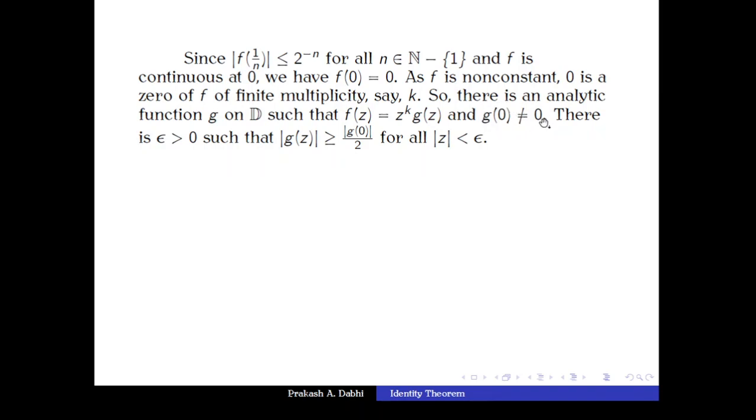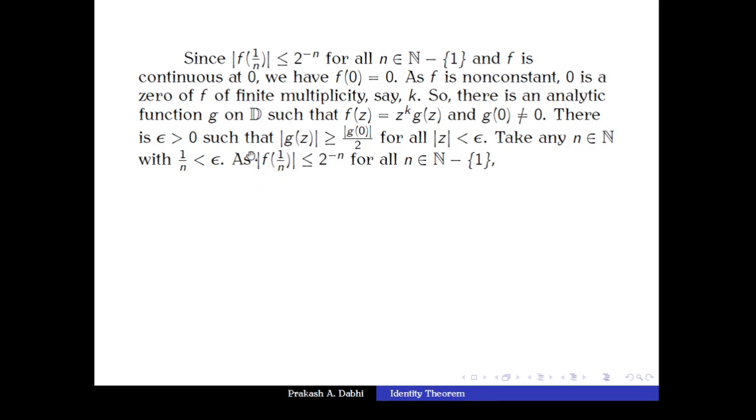Again, only continuity of g at 0 is required. Now we take any natural number n which satisfies the condition 1/n less than epsilon. So for this 1/n, we get |g(1/n)| is greater than or equal to |g(0)|/2, because 1/n is less than epsilon.